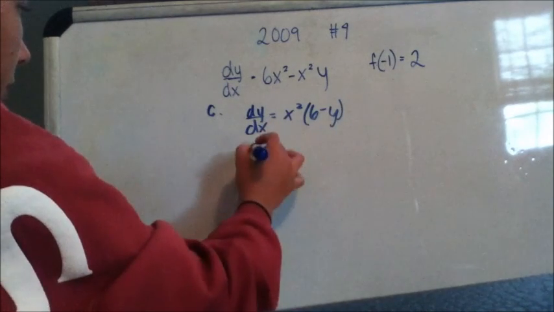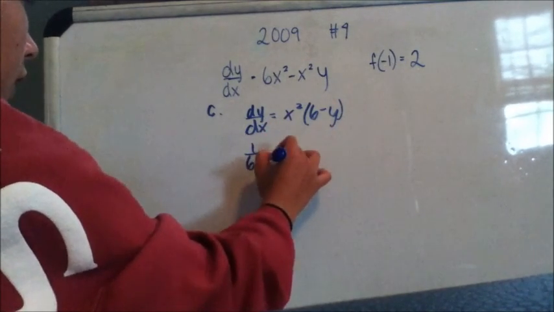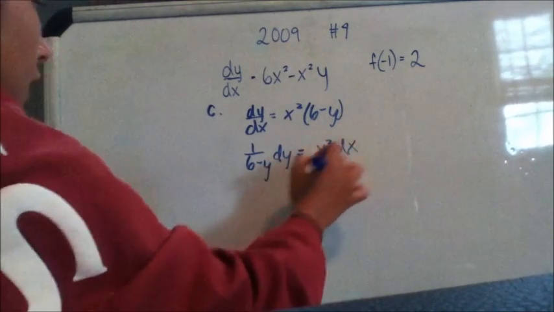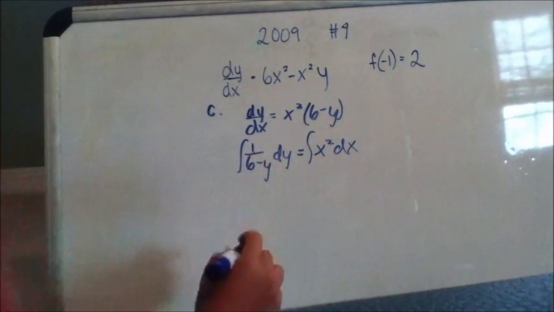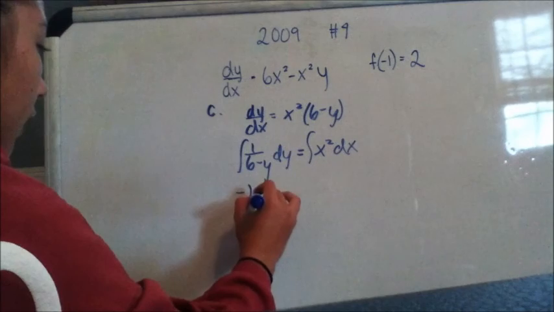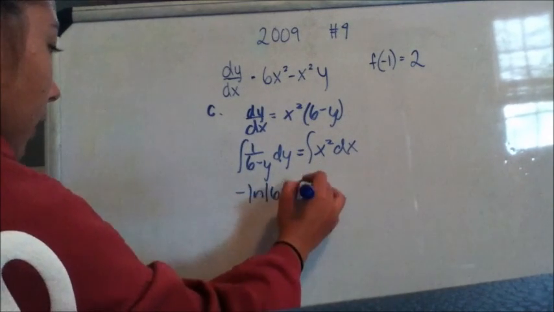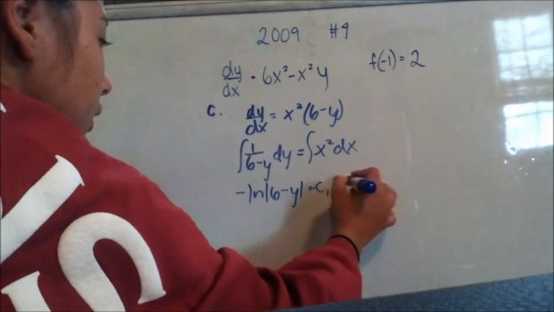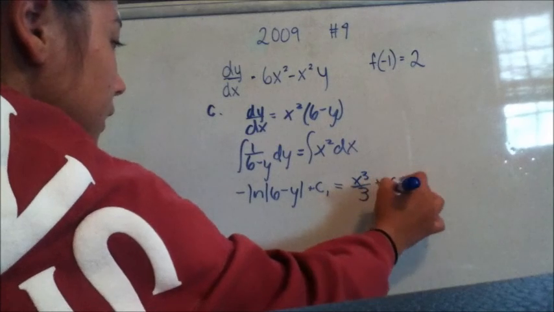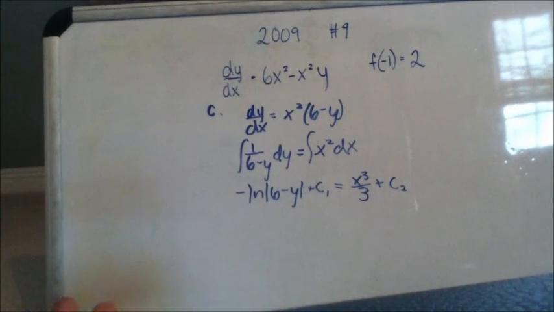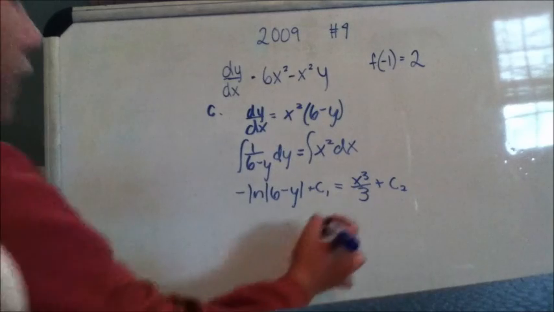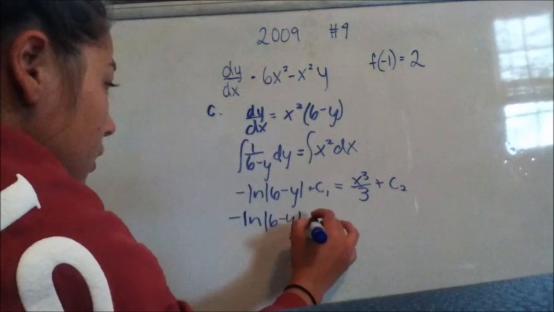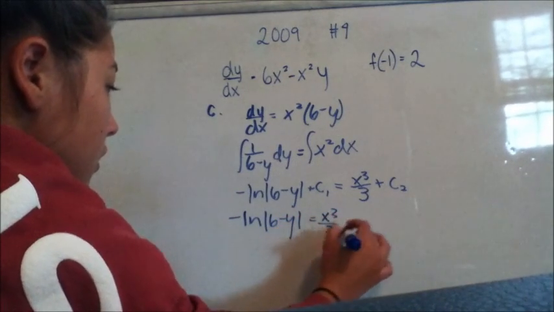We want to divide by 6 minus y, so that the y's and dy's are on the same side, and then x squared dx. And then we can integrate both sides, so we get a negative ln of the absolute value of 6 minus y plus c1 equals x cubed over 3 plus c2, because those two constants are going to be different. And then if we subtract, we can get one common c value, plus c.